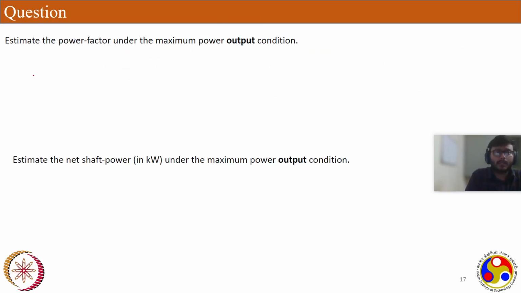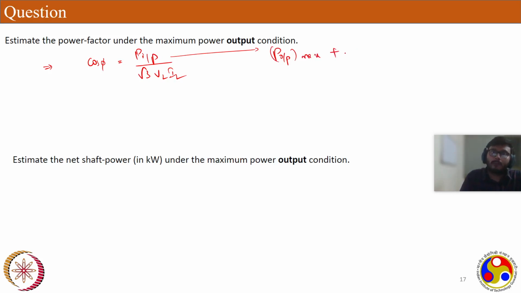Okay, next comes the power factor. We know cos phi is the input power, P input, divided by root 3 VL IL. Here we don't know the input, but we know the maximum output power. So if we know the maximum output power, input power will be the addition of the losses: copper losses plus rotational losses.